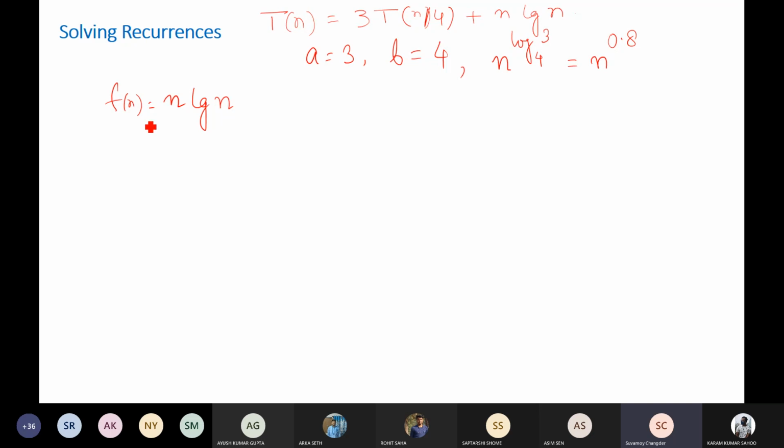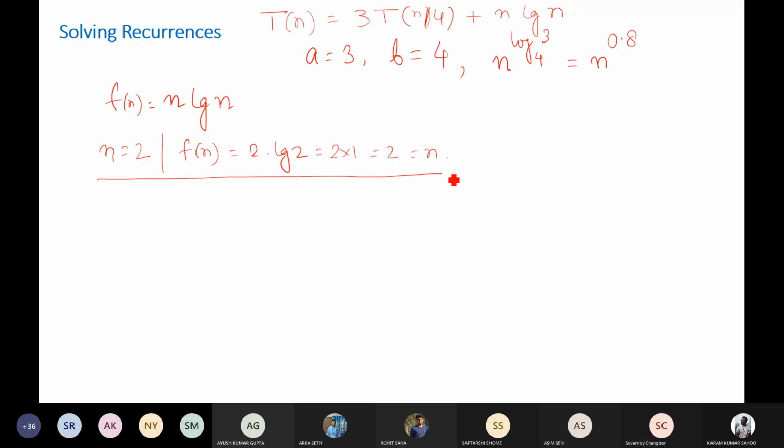We are considering n equal to 2, as f(n) is a strictly increasing function. So the minimum value of f(n) we will get when n equals 2. For n equals 2, what will be the value of f(n)? f(n) is equal to 2 into log 2, so that is equal to 2 into 1, which is 2, or we can say n.